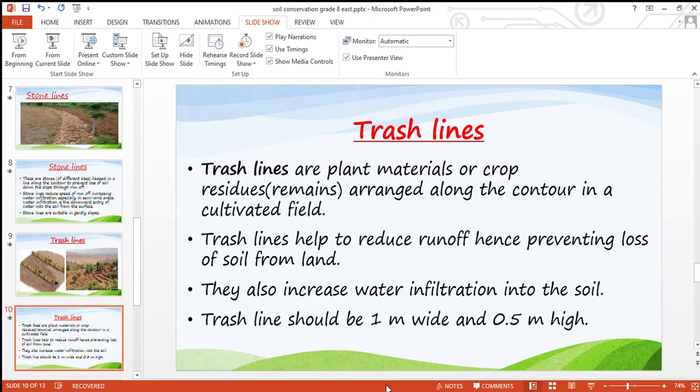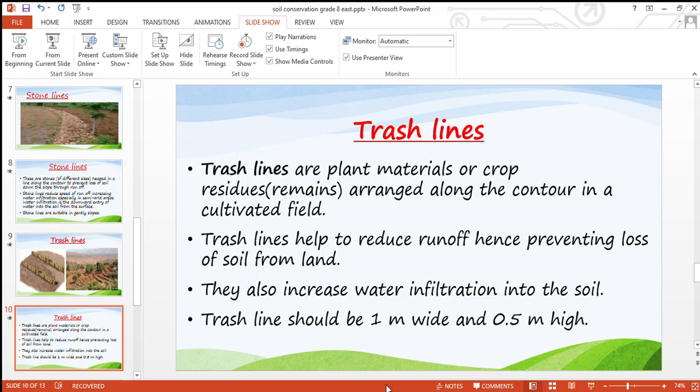Now, trash lines help to reduce surface runoff, hence preventing loss of soil from the land. Remember, we said that it should be arranged along the contours. They also increase water infiltration into the soil.